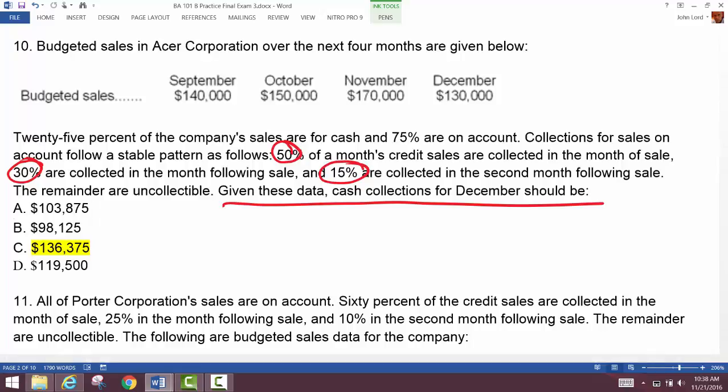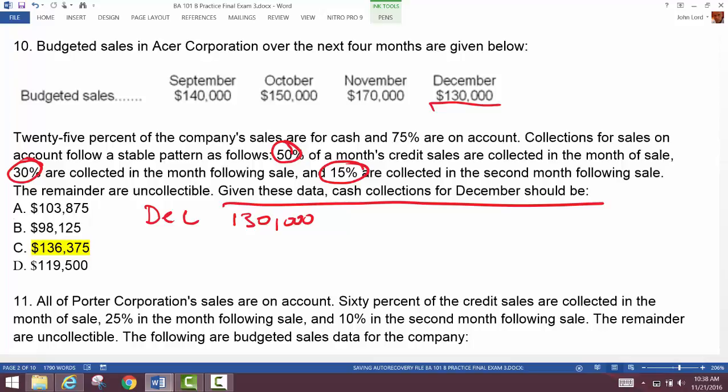Okay, so to do this, we have to take this 130,000. Let's just do December. How much did they sell in December? 130,000. But then they tell us that 25% of that is cash up front, isn't it?